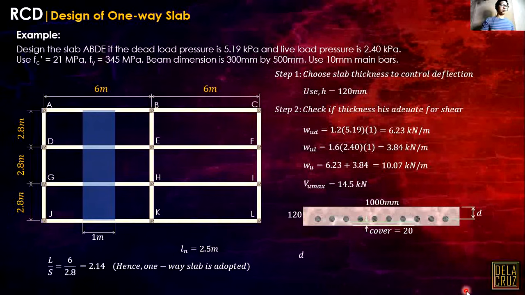Okay, so dimensions lang, 120 the total thickness minus the clear cover, so 20, then minus ng half ng ating reinforcement bars. So half nyan is, nagkamali ako dito. Half dito, that should be 5 mm lang pala.